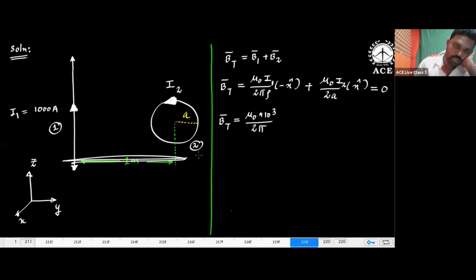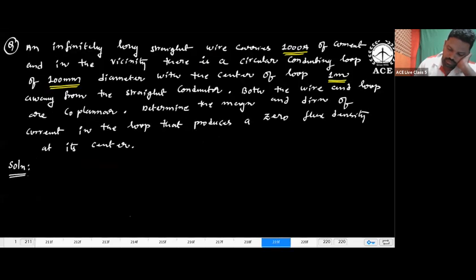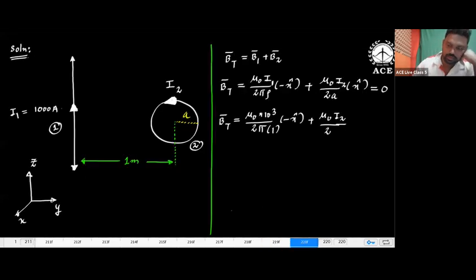What is the distance from here to here? Perpendicular distance is 1 meter. Minus x cap plus mu naught into I2 divided by 2 into A. What is the radius, beta? 50 mm, isn't it? 100 mm is a diameter. So the 50 mm is a, here it is 50 mm. 50 into 10 to the power of minus 3 into x cap is equal to 0.